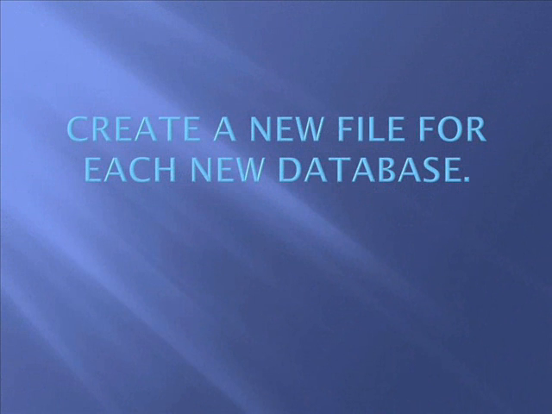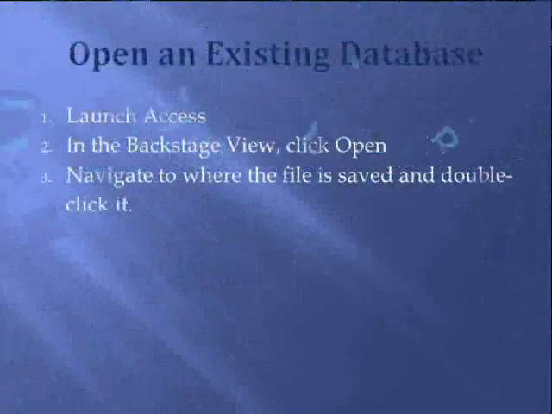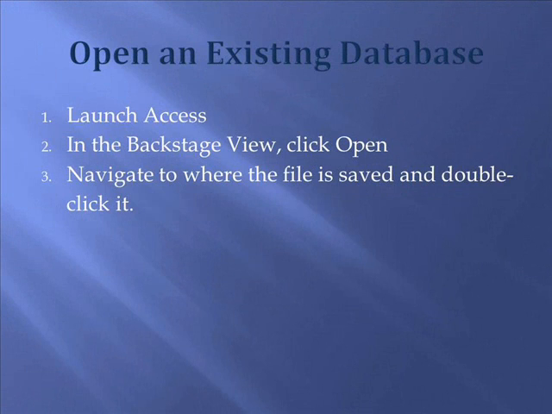Each time that you are asked to create a new database, that means you need to open Access in Backstage view and go through those steps that were just mentioned. You need to create a new file for each new database. To create a new file, again, you launch Access, the Backstage view opens, you choose blank database, then click the folder icon, choose a location, name the file, and then click Create.